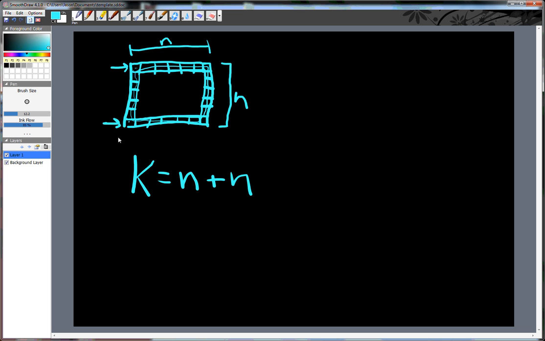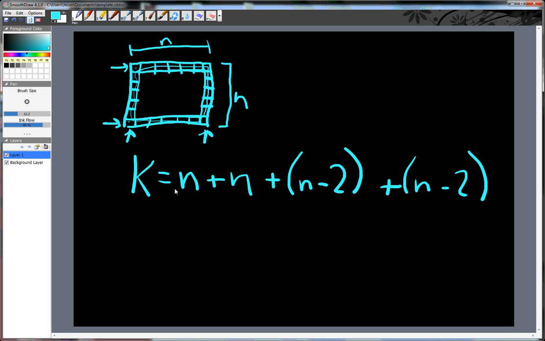So before I add this n square pieces in this column, I need to subtract 2 from it, so I don't double count those two boxes. And then I do the same thing with this column over here, plus another n minus 2 squares. So if you do this math, it comes out to 4n minus 4. So k is 4n minus 4.